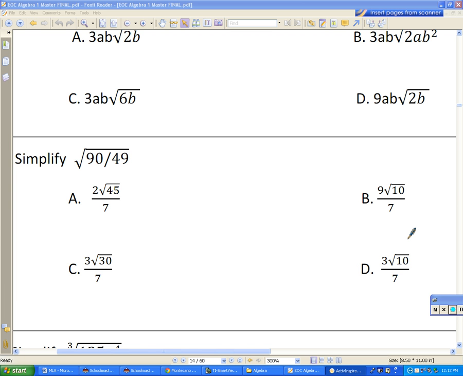Okay? Wait, could you redo it? What would the 10 reduce to?